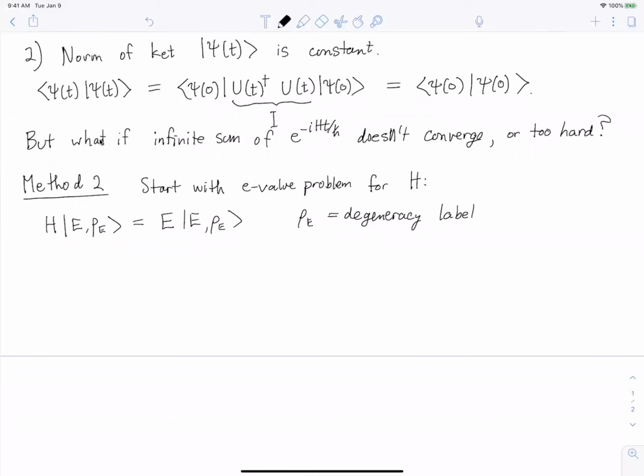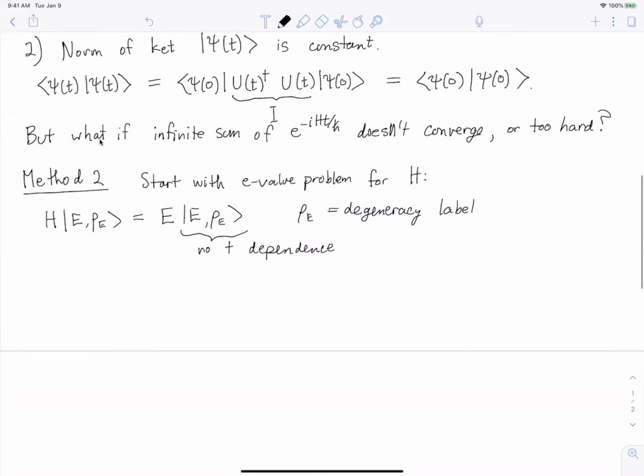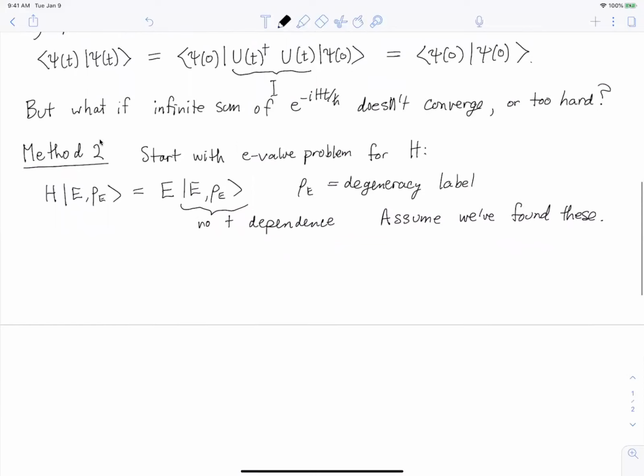And we're assuming that these are constant kets, basis kets, so they have no time dependence. We're assuming we've found these. Of course, that may be easier said than done, but that's what we're assuming anyway.